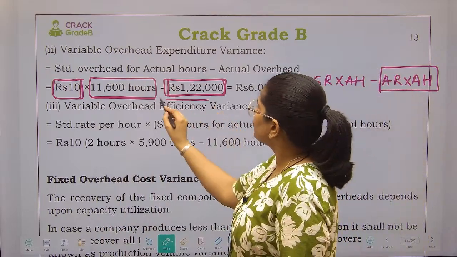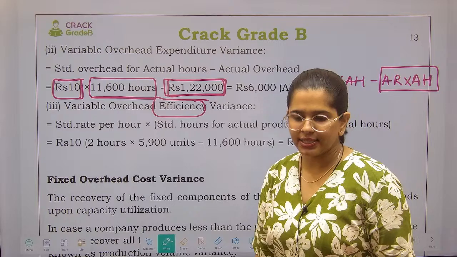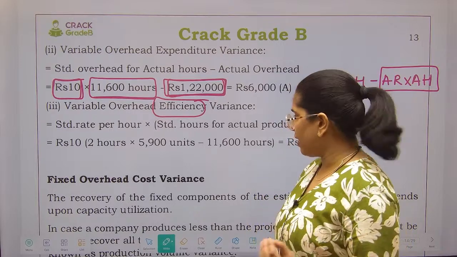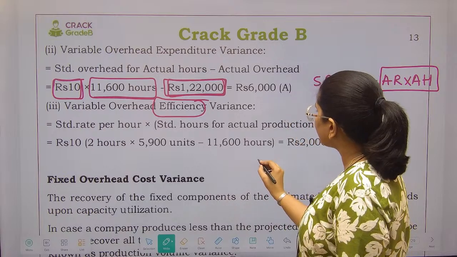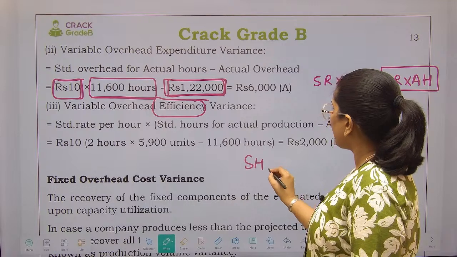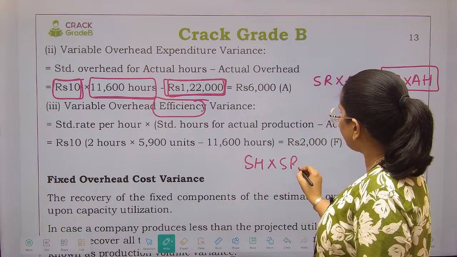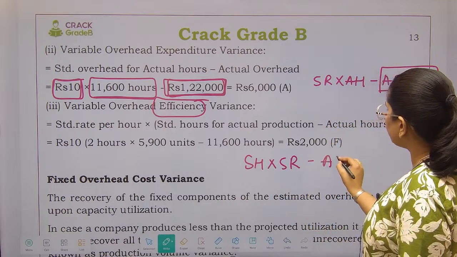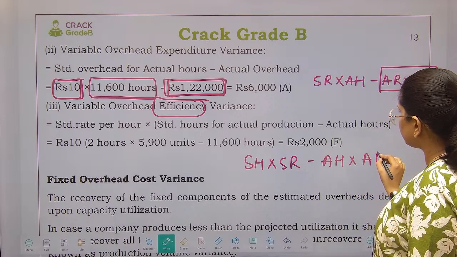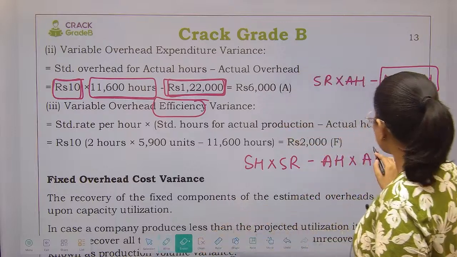Next we have efficiency variance. Efficiency variance का क्या मतलब होता है? You want to compare the hours. So hours compare करने का मतलब क्या? We want standard hours multiplied by standard rate less actual hour multiplied by actual rate.